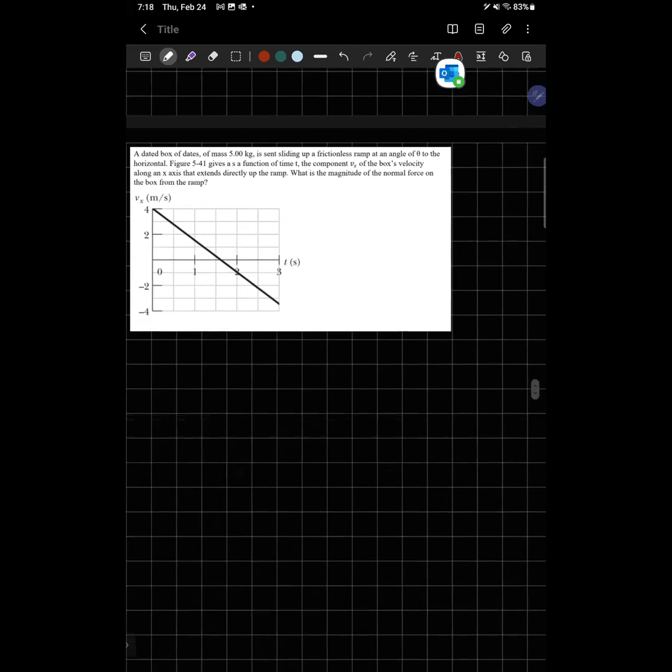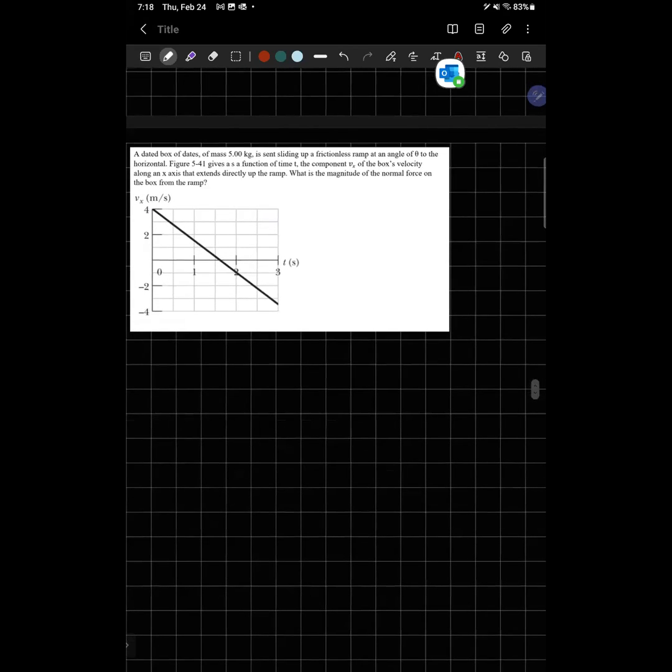Okay. So a box of mass 5 kilograms is sent sliding up a frictionless ramp at an angle of theta to the horizontal.